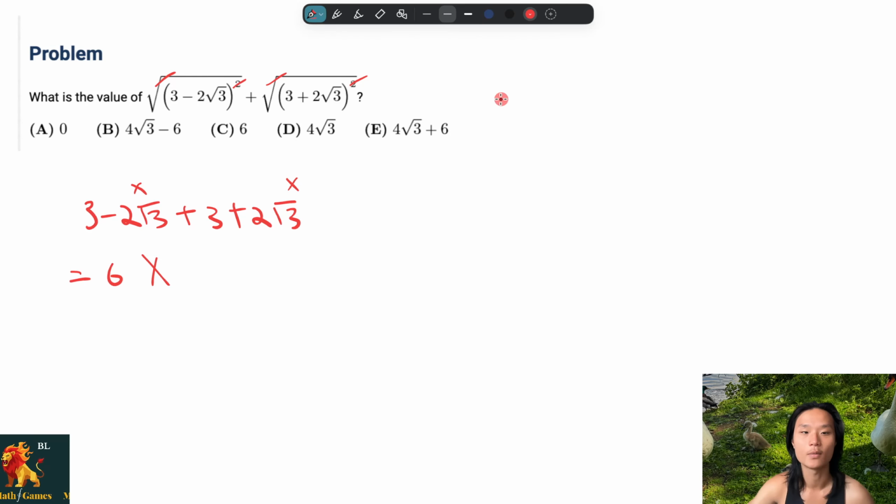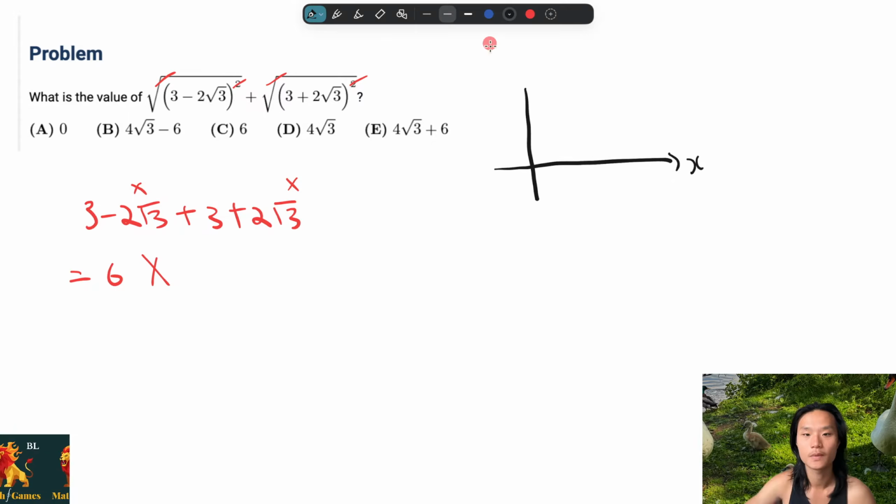Now, to understand why, we first think about the square root function. So we have the xy plane, and if we have the function y equals square root of x, it will look something like this, okay? Starting from the origin, it goes all the way to the right.